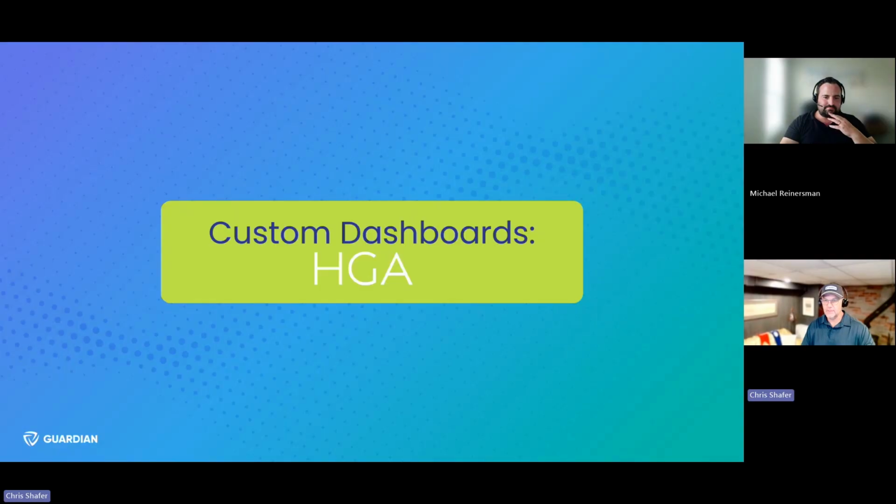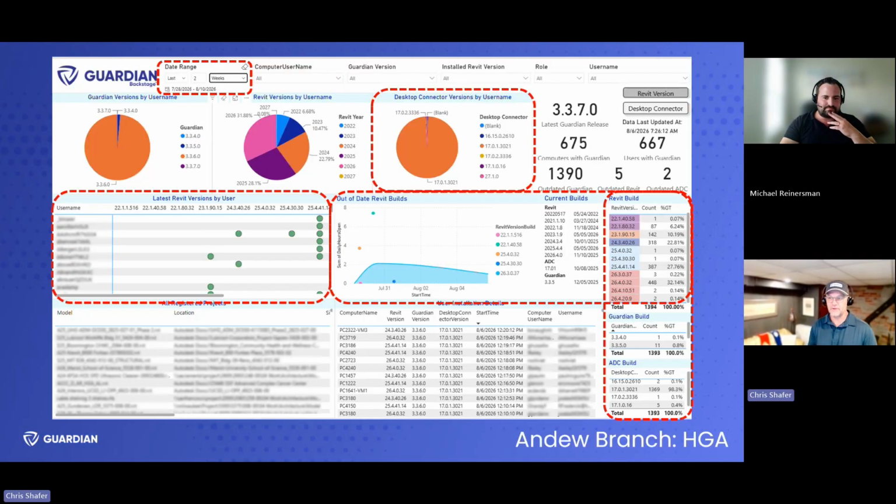So as I mentioned, Andrew Branch from HGA had shared these slides with us, which I found really interesting in how he utilized these customized dashboards he's created. On a weekly basis, he reviews these two slides.